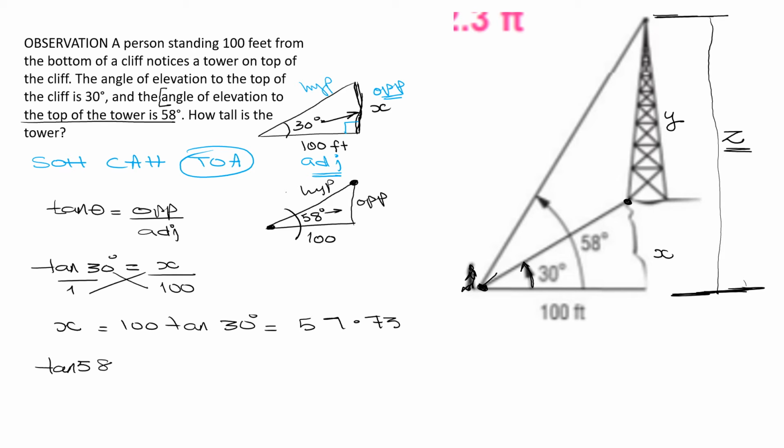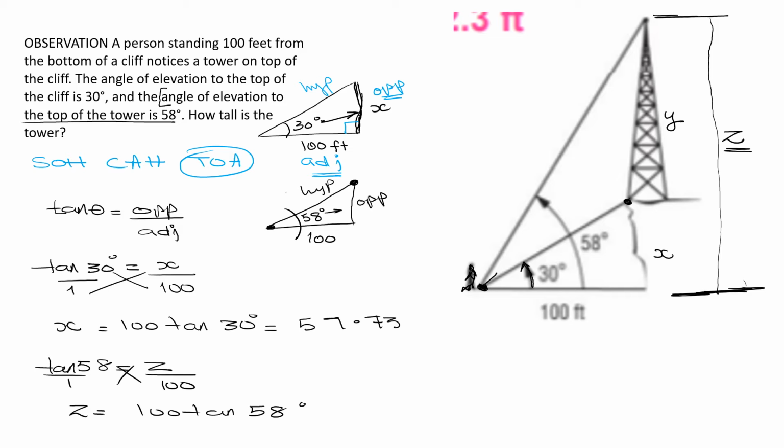So we will write tangent 58 equals z over 100. Now cross multiply. So z times 1 is z equals 100 tangent of 58 degrees. Now try to find the value of z.